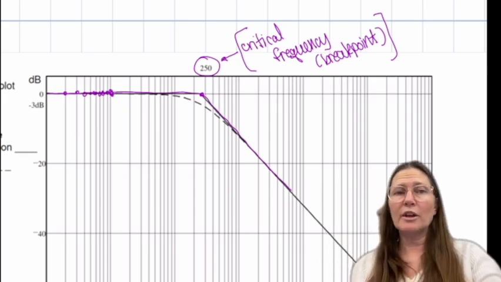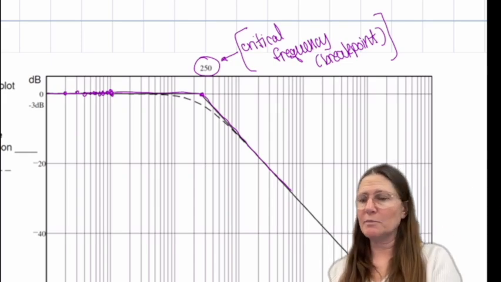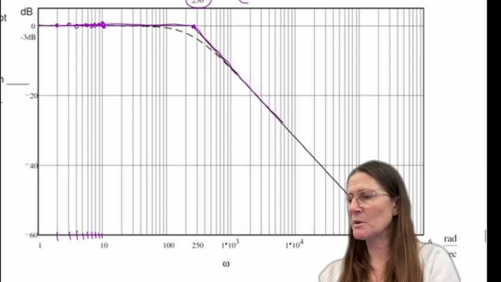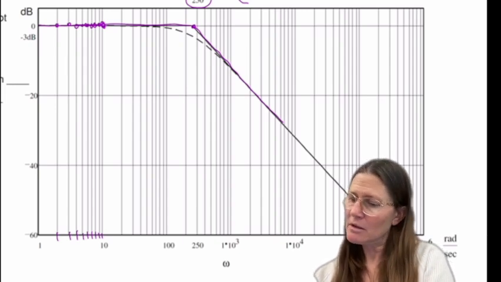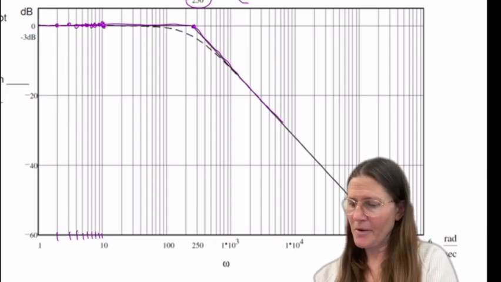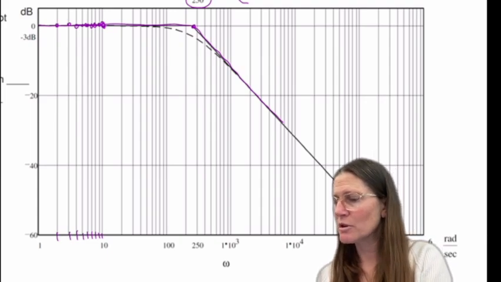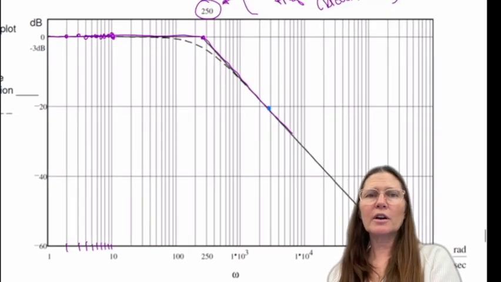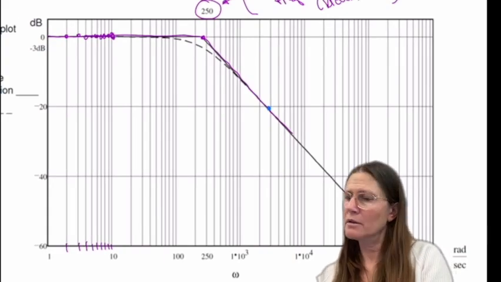So what I notice at this point is that between that point and a decade after, so where would be my decade? About 2. It's going to be about here. What is the slope of that?